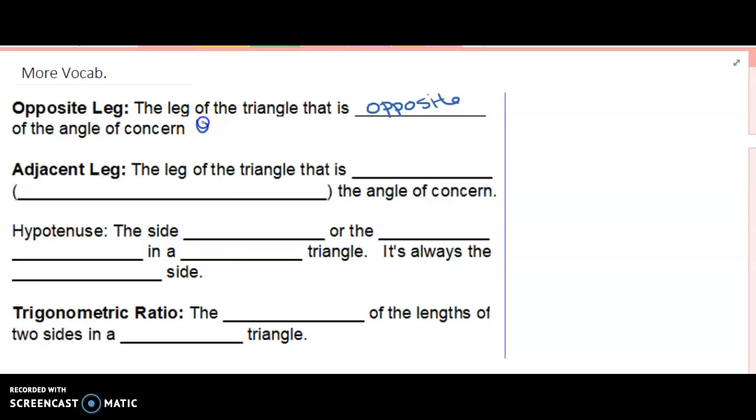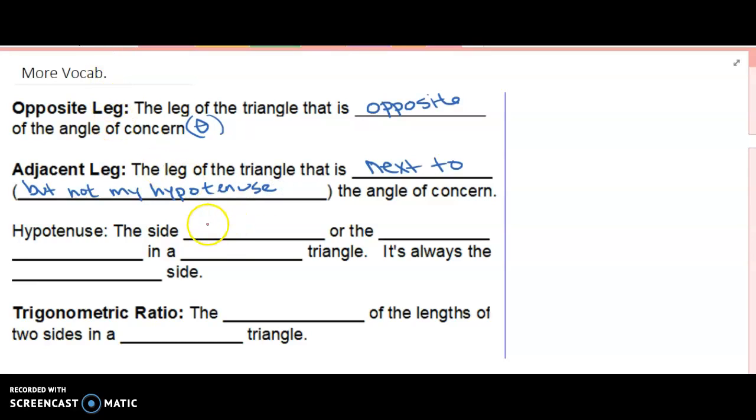Usually this is my theta. Not always, but usually it is. Okay, the adjacent leg of the triangle is adjacent to or next to, and I'm going to put in parentheses, but not my hypotenuse, of the angle of concern.